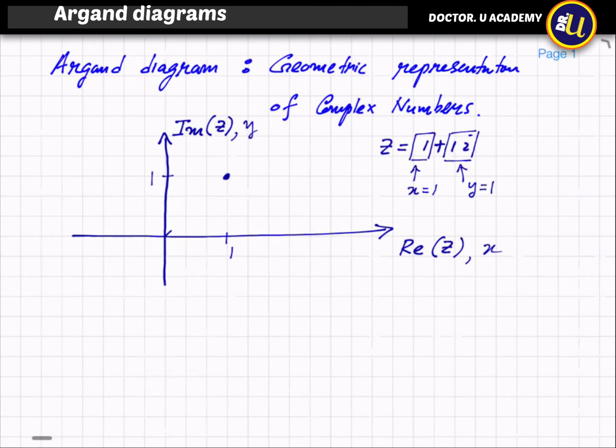How do you draw that? You draw it like this. This is z. The horizontal value here is 1, but the vertical value is 1 times i. Now 1 plus 1 times i, you get z.